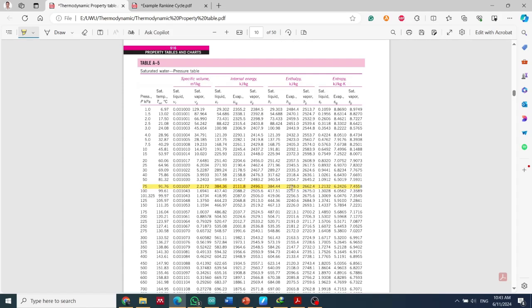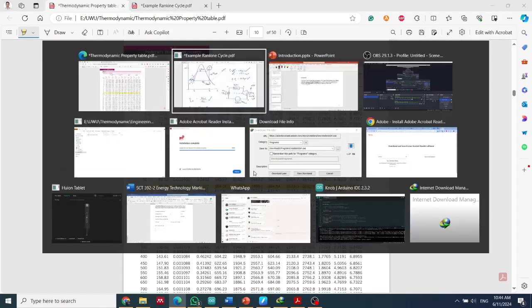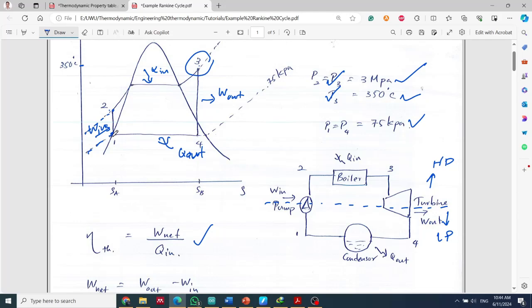So in enthalpy we have Hf, that means this is enthalpy for fluid, then this one Hg is enthalpy for gas, and then the difference, right? Likewise we have the entropy as well. Now we are interested in the enthalpy at this point as well as this point, right?